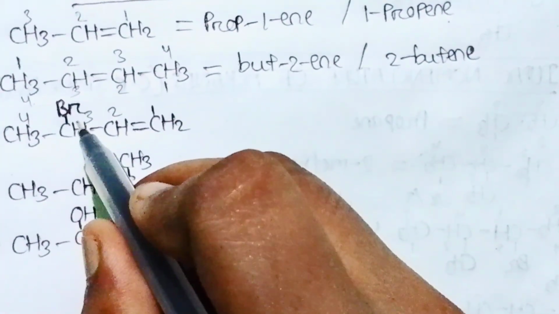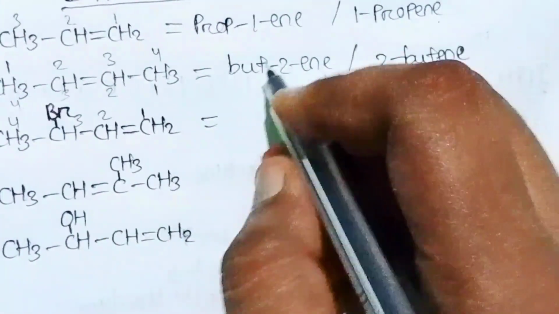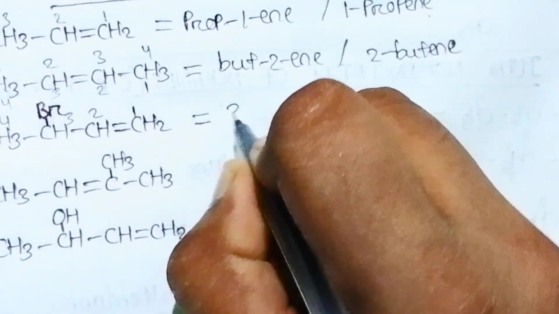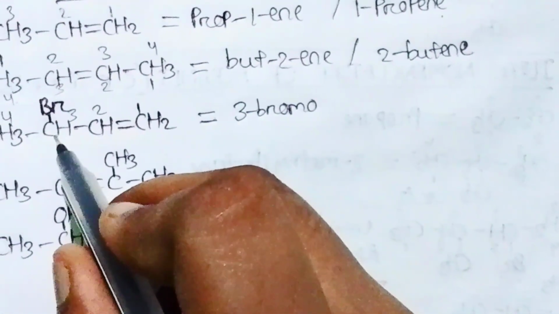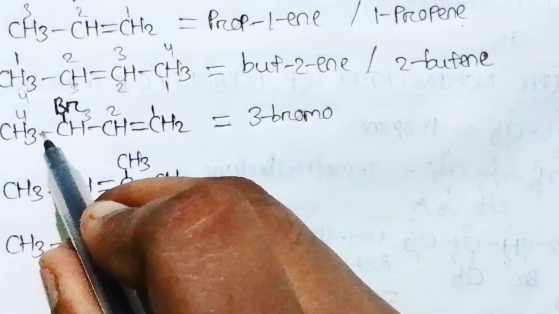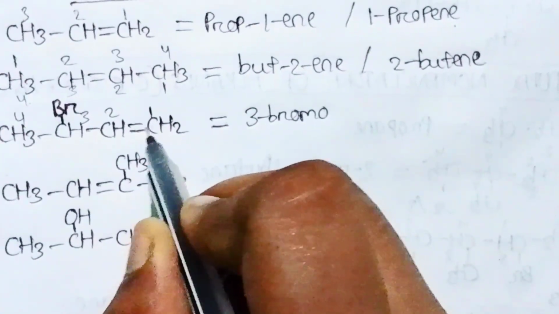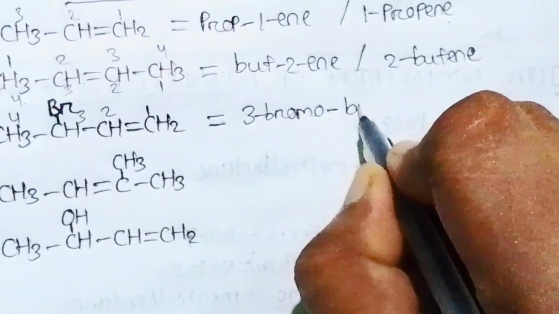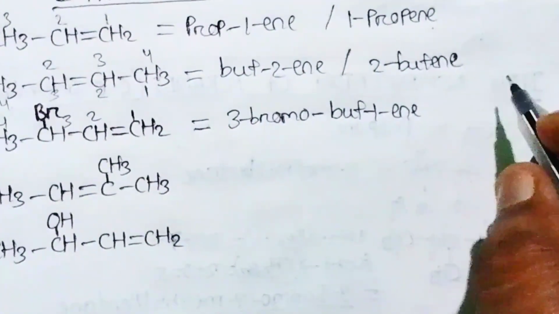The bromo substituent is present at the 3 position, so we'll write it first as 3-bromo. As there are 4 carbon atoms and the double bond is present at one position, we'll write it as but-1-ene.